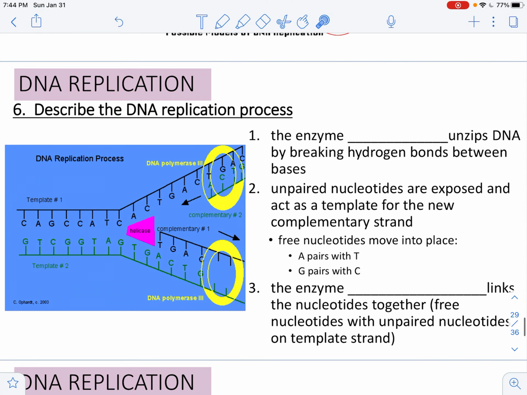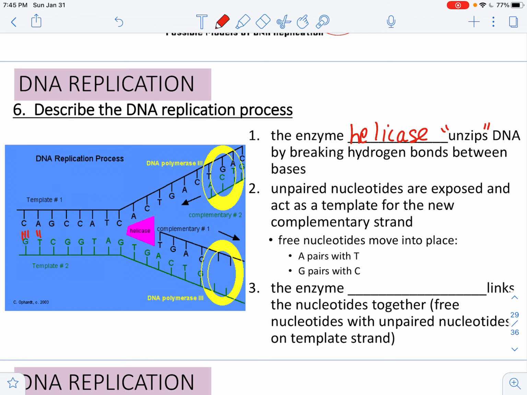And then all we have left to do is talk about the names of the enzymes that do these things. There's two enzymes, okay? The first one is called helicase. That's the one that's going to, let's put unzip in quotes, unzip the DNA by breaking the hydrogen bonds between the bases.